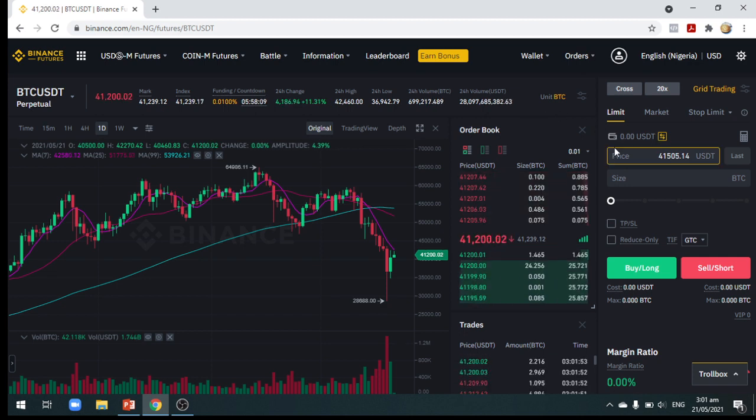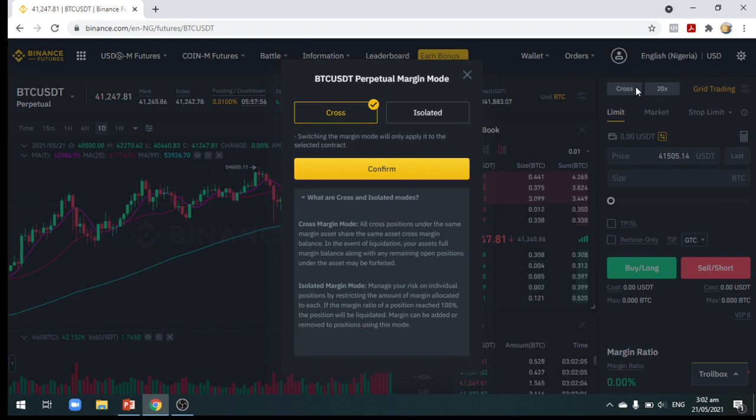Okay, so I talked about futures trading having two margin modes. We have cross margin, which is this. So you can click on cross, and then you have the option of choosing between cross margin and isolated margin.